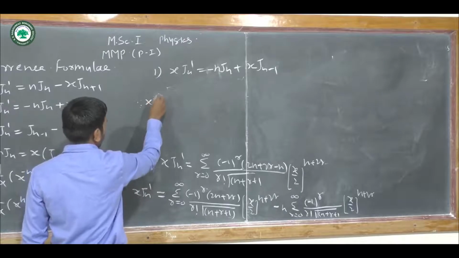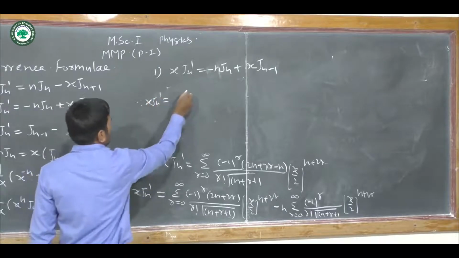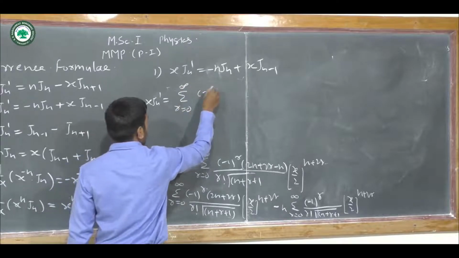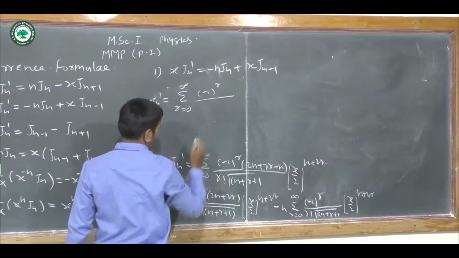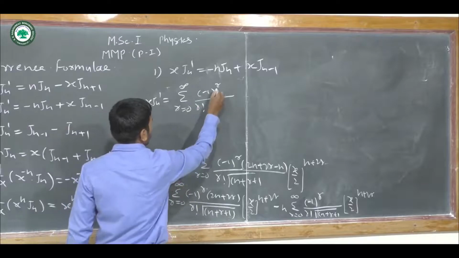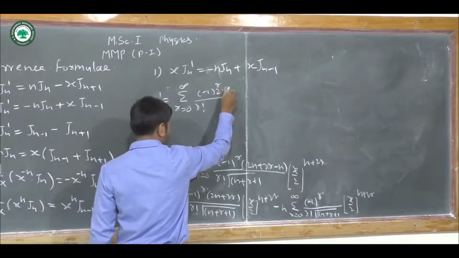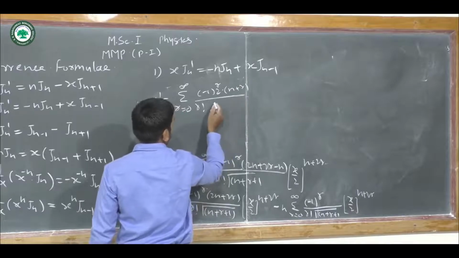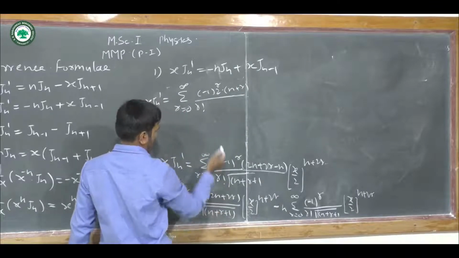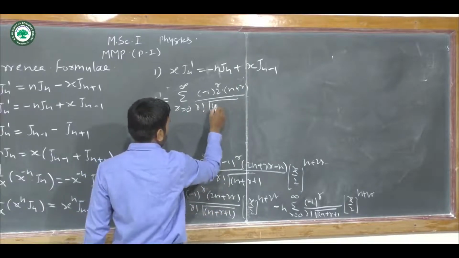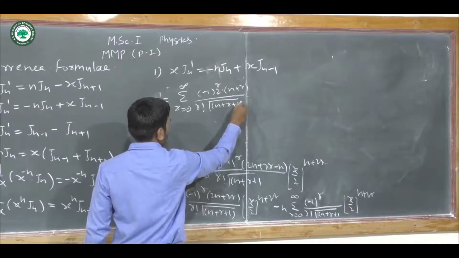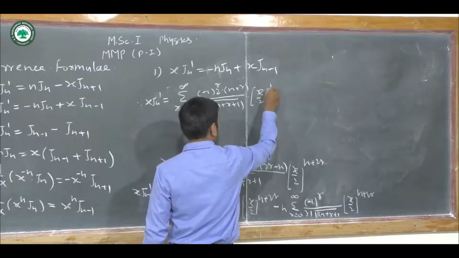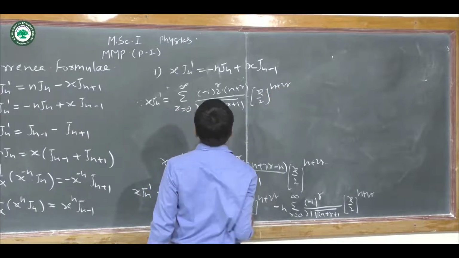x Jn prime is equal to summation over r equal to 0 to infinity, minus 1 power r divided by r factorial, 2 into n plus r, gamma n plus r plus 1 into x by 2 power n plus 2r.